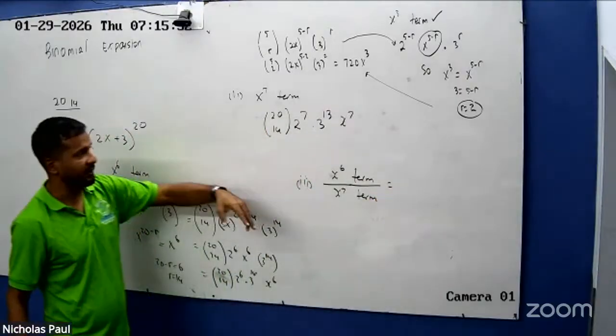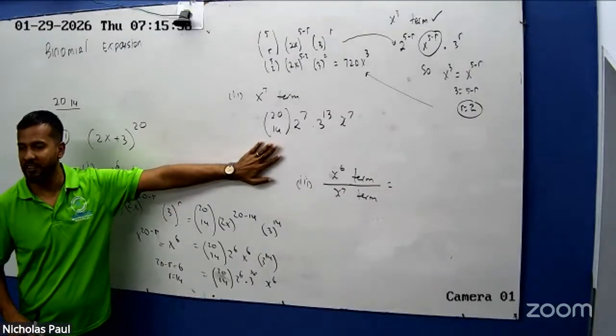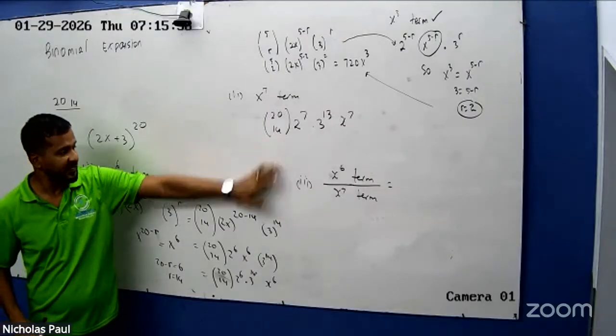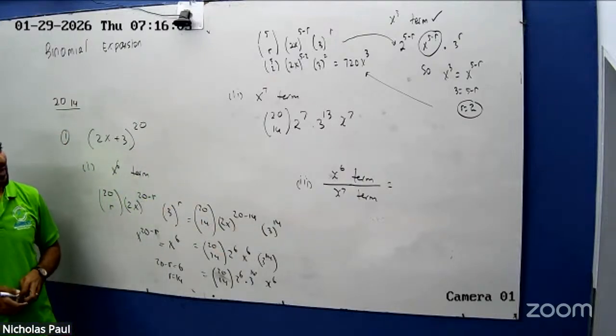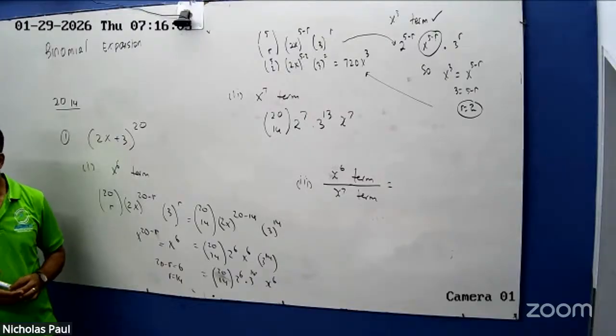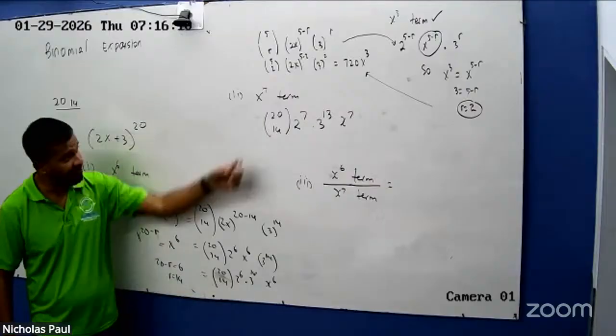Find this here, so it will simplify out for you. Don't worry about working out the exact values. Just divide the x^6 term and the x^7 term and tell me what you get. I don't want the individual answers. Just divide these two and tell me what you get.